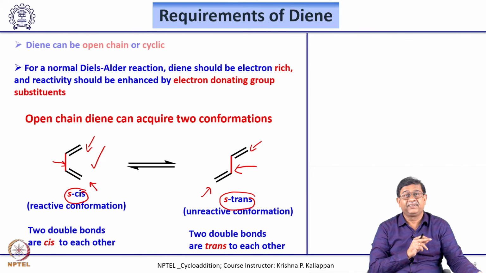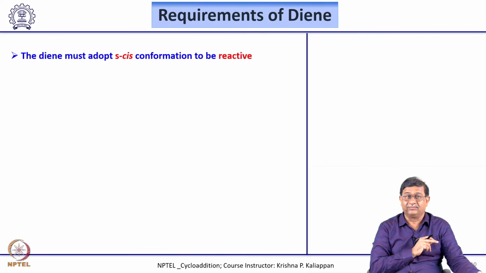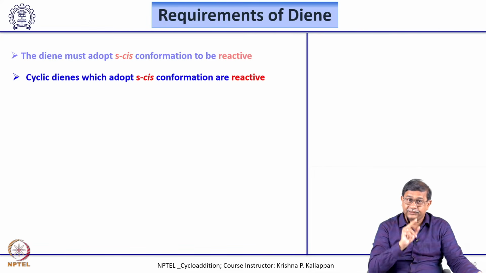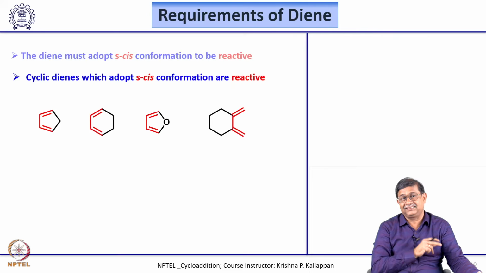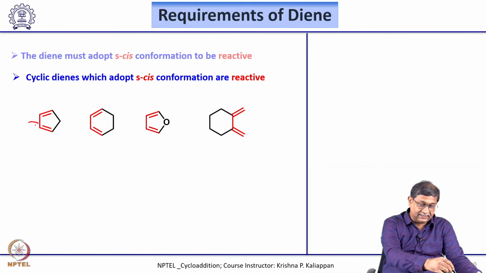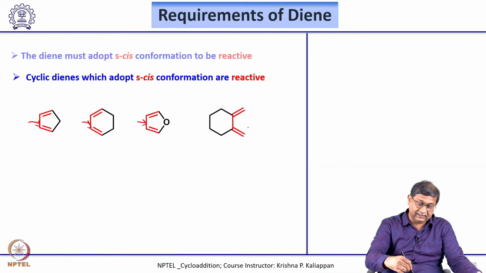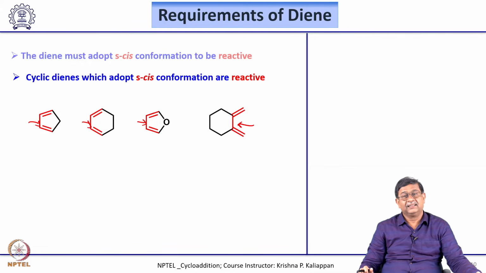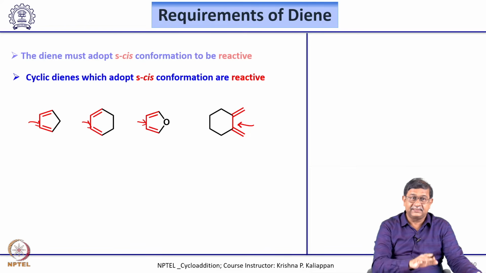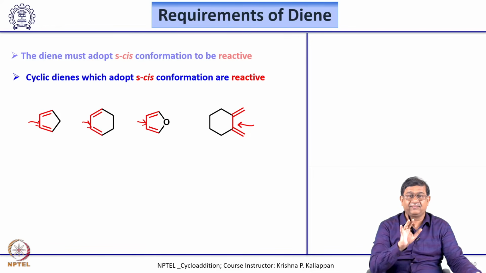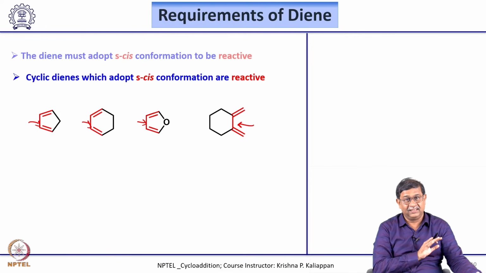However, if it is a cyclic one, then it should be only in s-cis conformation. So here I have given 4 examples. As you can see, in all these cases, the single bond has the two double bonds cis to each other. So only this s-cis conformation will undergo Diels-Alder reaction.